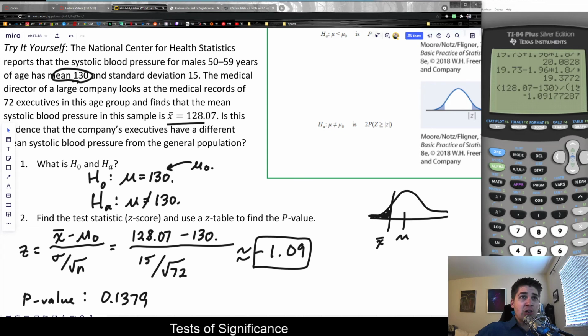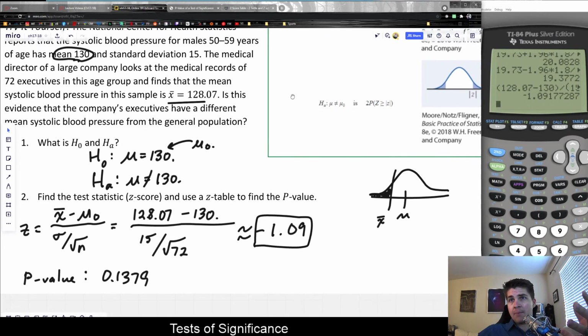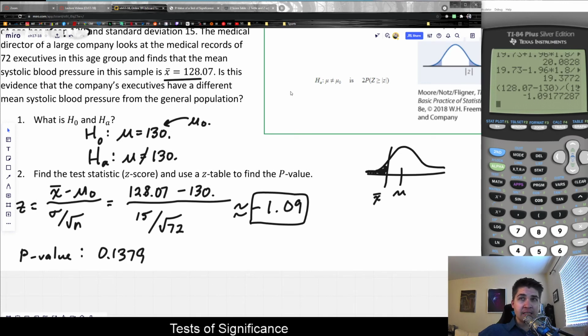It doesn't seem like very strong evidence, but you have to factor in the sample size and the standard deviation, because sometimes 128 could be wildly different depending on the usual distributions. But in general, if you know anything about blood pressures, there is variation among people. It's not uncommon for there to be pretty strong differences in people's blood pressure.